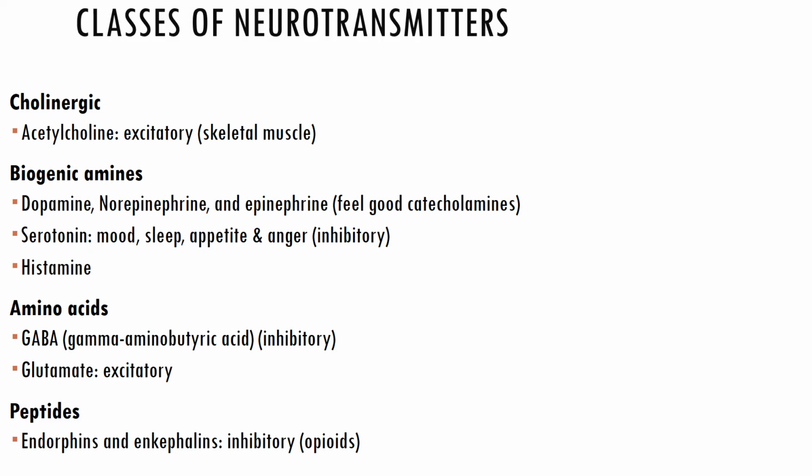And then peptides, classes of peptides to be familiar with are the endorphins and enkephalins, which are inhibitory, and these are your opioids. Glutamate is important in memory and learning. GABA opens chloride channels and can have an indirect effect on potassium, thereby demonstrating its inhibitory effects.